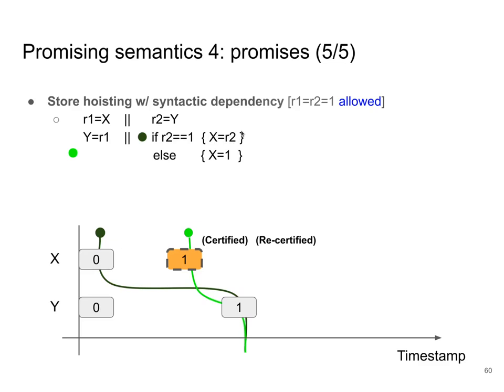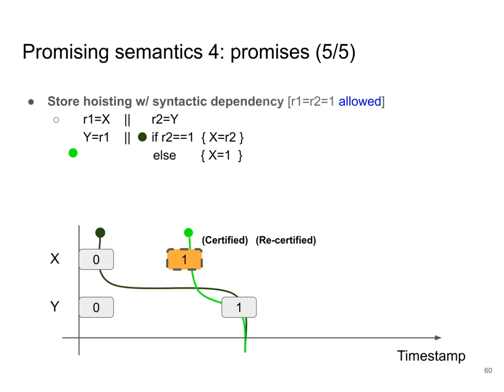But the moral of the story is that in the initial certification, the else branch was taken, so x equals 1 is executed. But now, after reading y equals 1, the recertification, the second certification, is going to execute the then branch. So x equals R2 is executed instead of x equals 1.